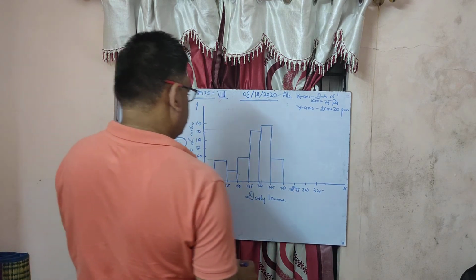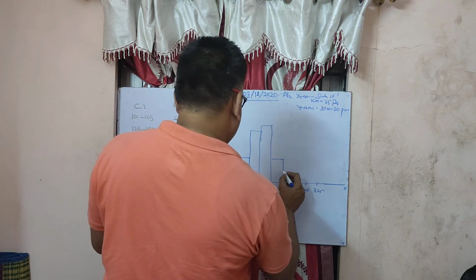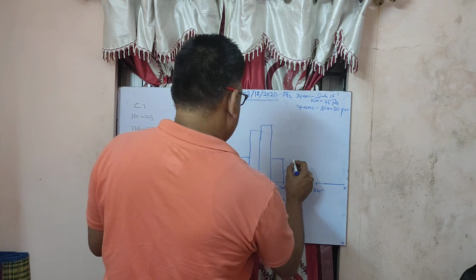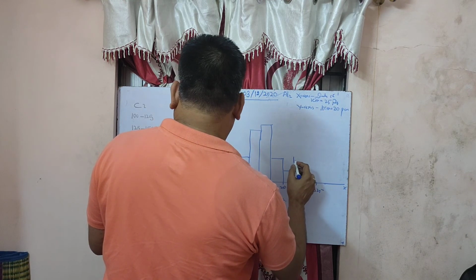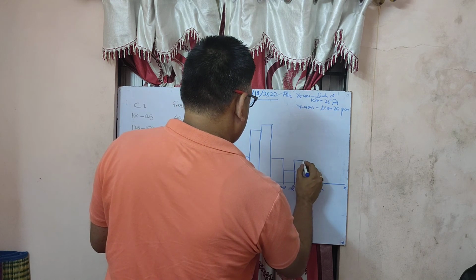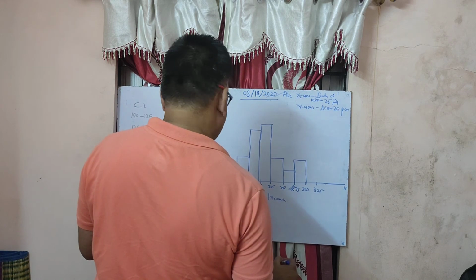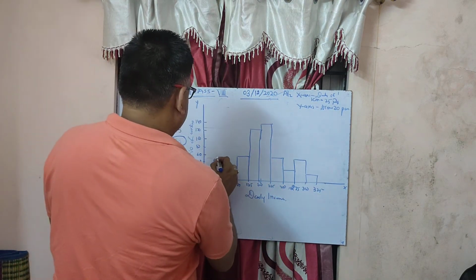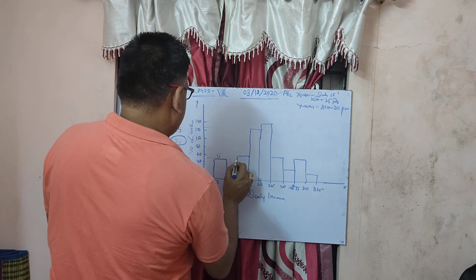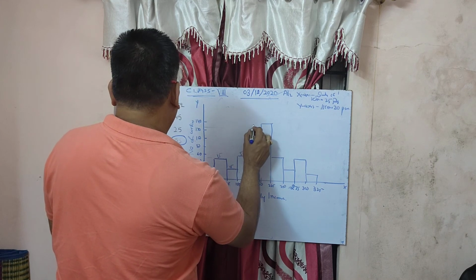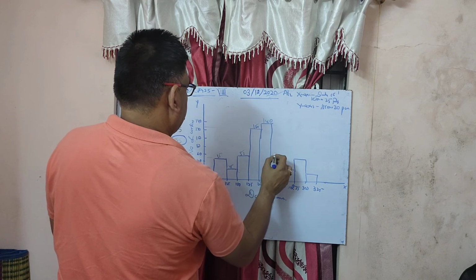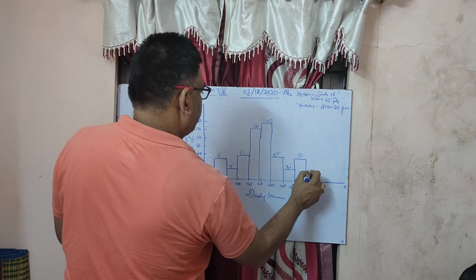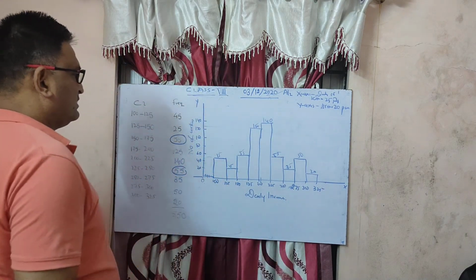Use graph sheets while solving these questions. 50. 20. So here you have to write, this is 45, 25, 55, 125, 140. This is 55, 35, 50, 20.